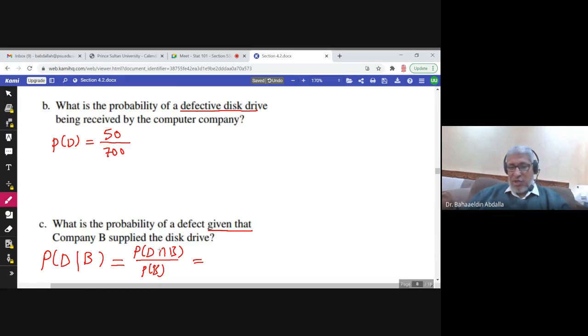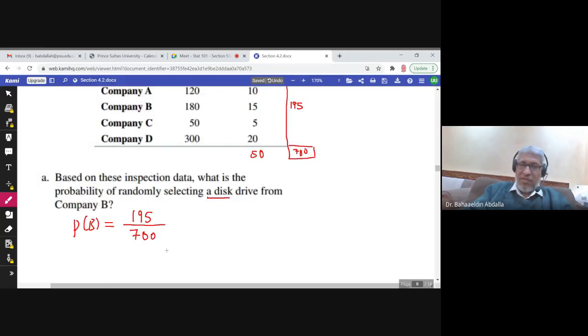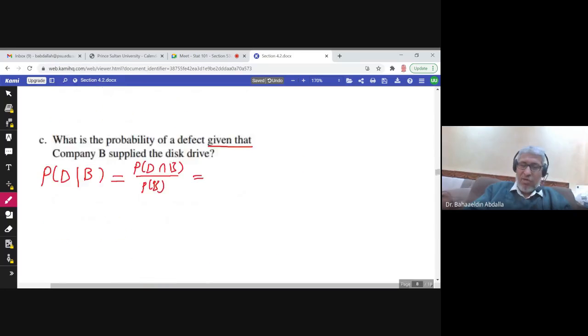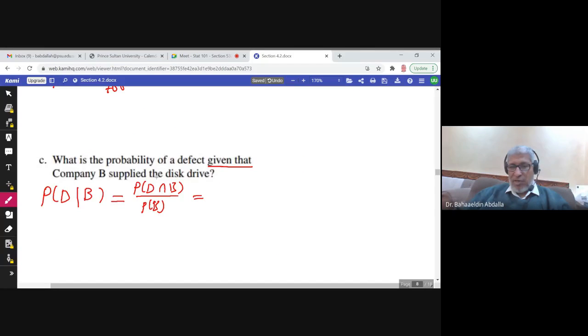D intersection B: defective intersection company B. This number is the intersection between company B and defective. So we have 15. The probability of the intersection would be 15, the number of disks in the intersection, over the total number of disks.